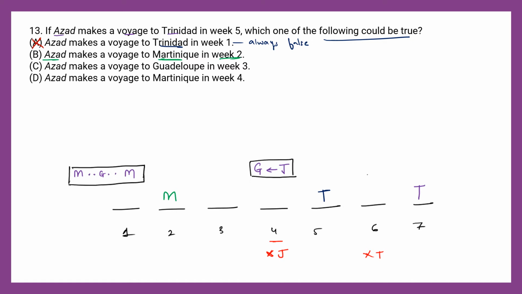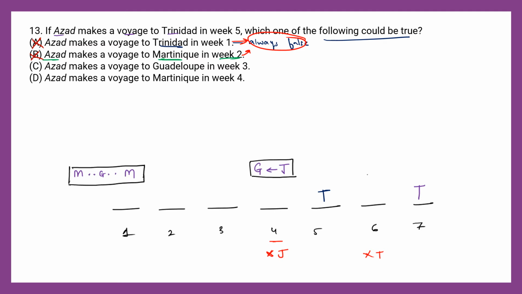Can I put them in here? Oh no, I cannot, because J is not allowed here. Then what can I do? Where can I put J and G? Well, there's no place I can put it. So you come to know that even B is not possible. B is also always false.